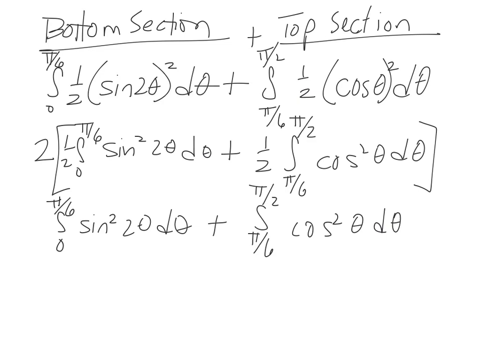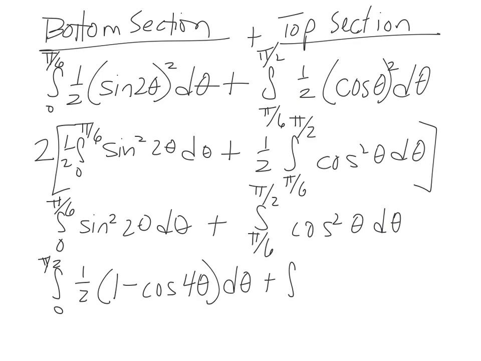The power reducing formula for sine squared of 2 theta is going to be 1/2 of 1 minus the cosine of 2 times 2 theta, so 4 theta d theta, plus the integral from pi over 6 to pi over 2.